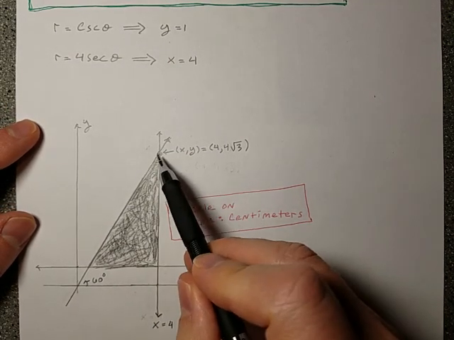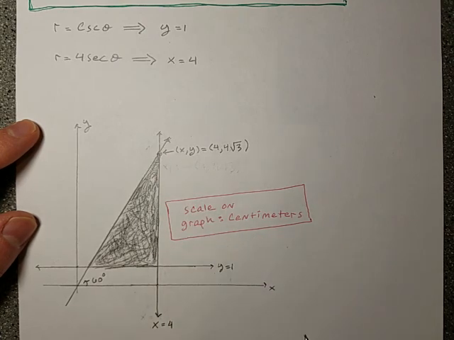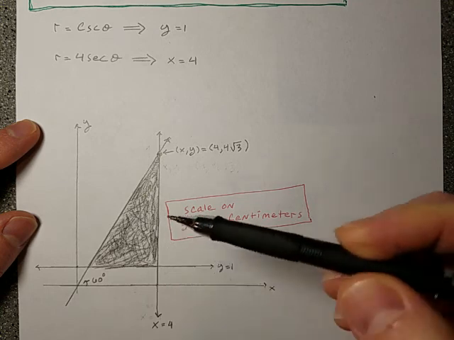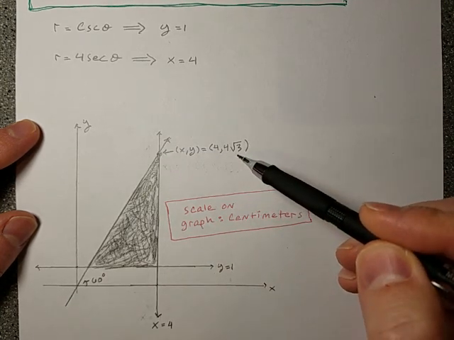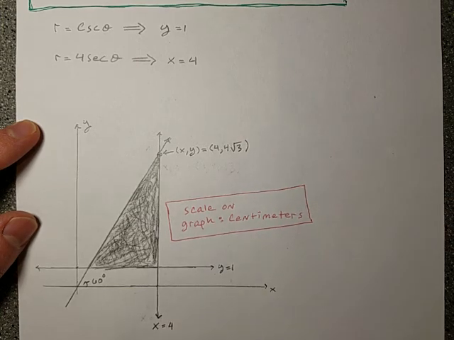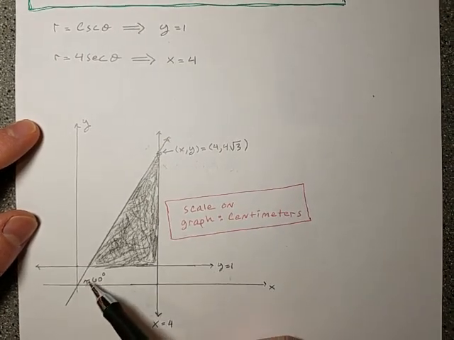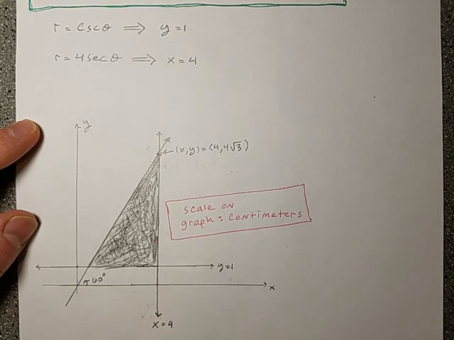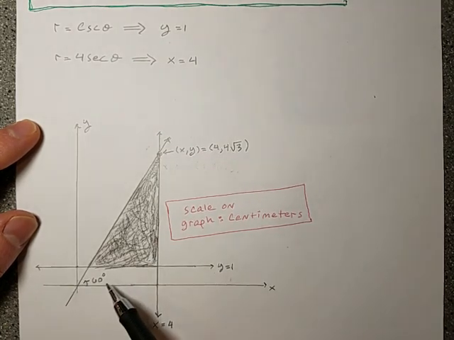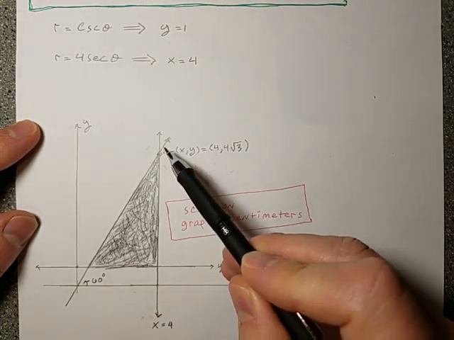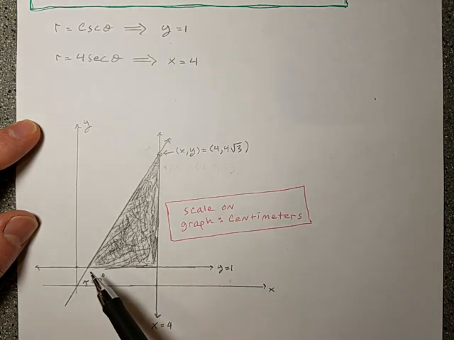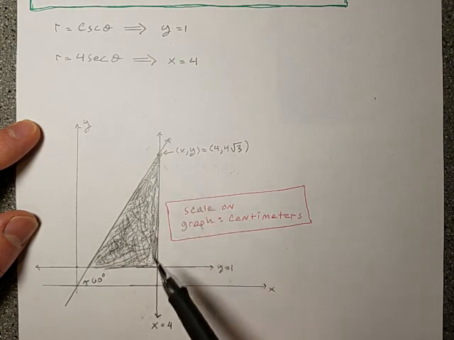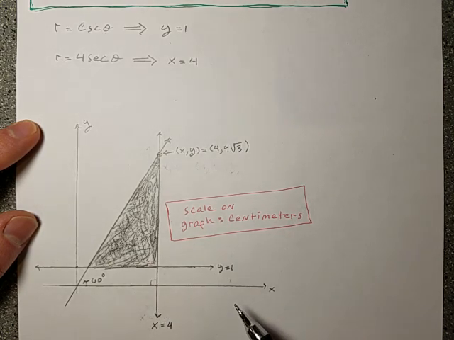I located this point, and I said this point is right 4, and it's up 4 root 3. The way I calculated that is that I see there's that shaded triangle that I'm trying to find the area of, but there's also this larger triangle. See this triangle that I'm outlining here? That's 60, 30, and 90.